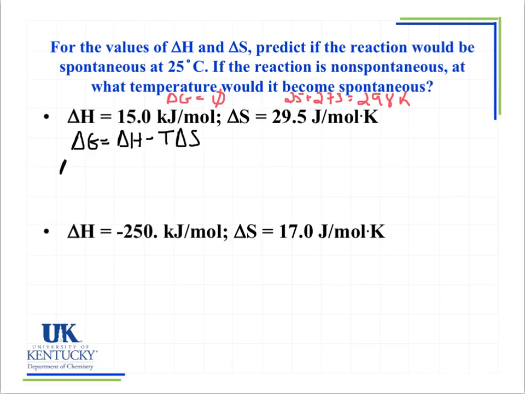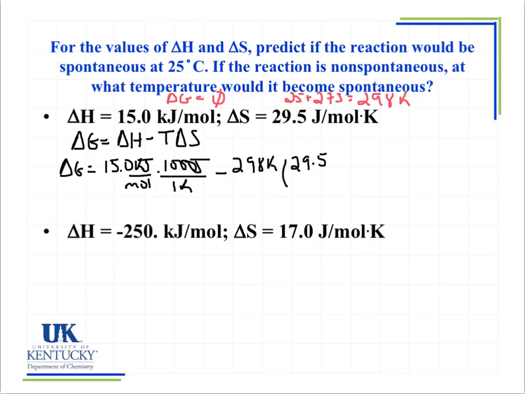So we want to say delta G equals 15.0 kilojoules per mole. And I'm going to go ahead and put the conversion in to take this one to joules. So 1,000 joules in 1 kilojoule, minus my 298 Kelvin for my temperature times my delta S value, which is 29.5 joules per mole Kelvin.